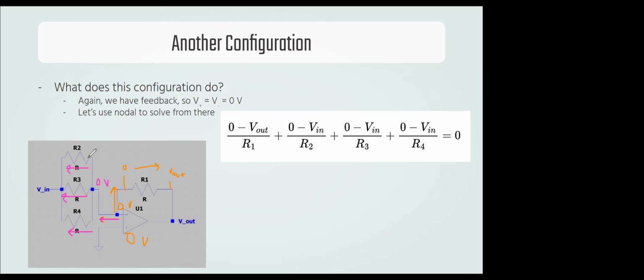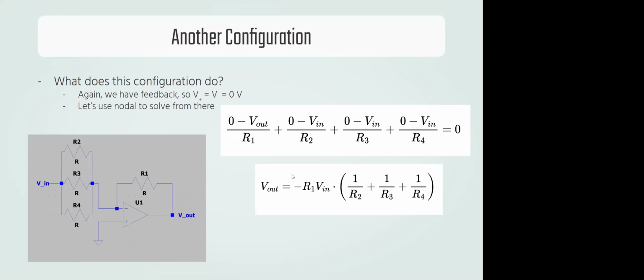But each of them has a resistance of R2, R3, and R4. And you can combine them using the parallel rule for resistance, and you'll get the exact same result. It's just more explicit to do with nodal analysis here. So now if we take that equation, do some algebra, we can rearrange it to look like this: negative R1 times V in times the sum of the reciprocals of R2, R3, and R4 gives us V out, okay?